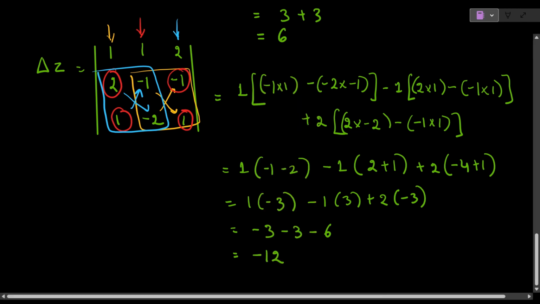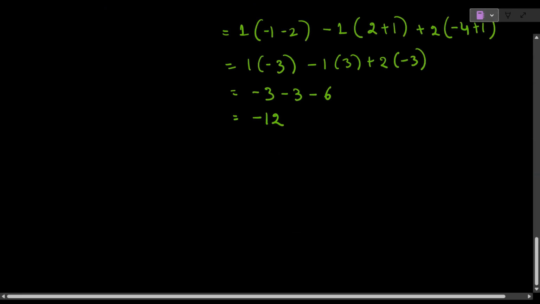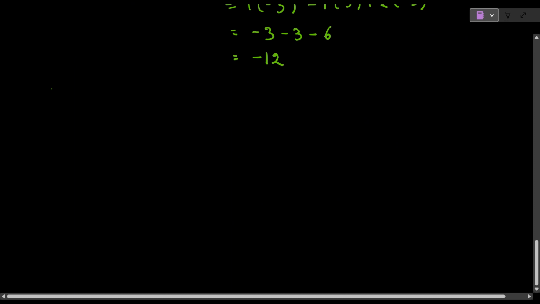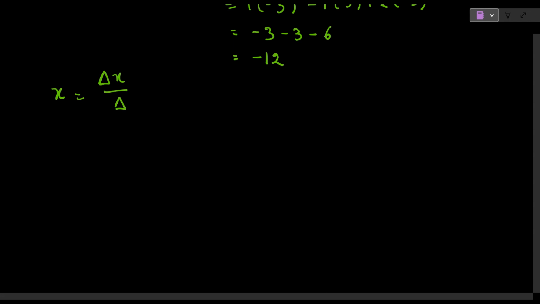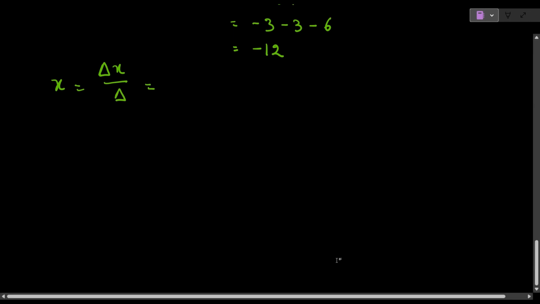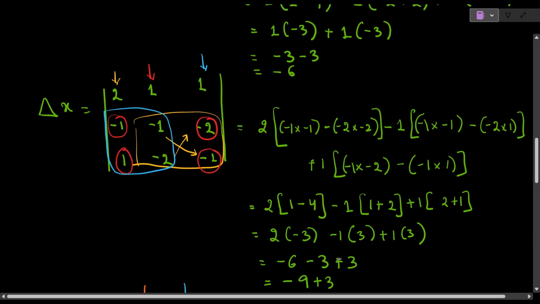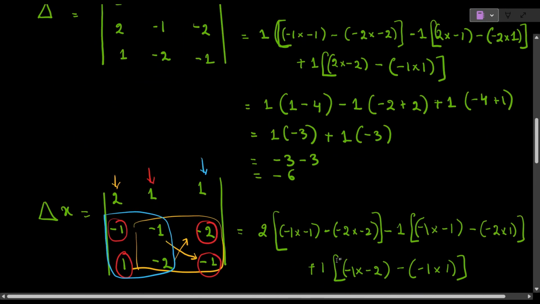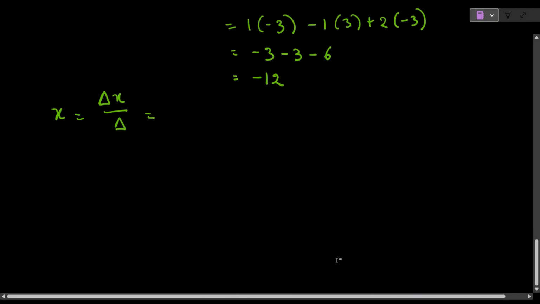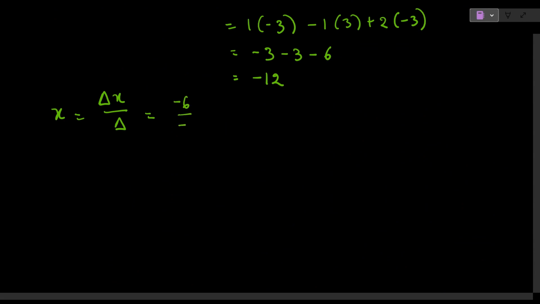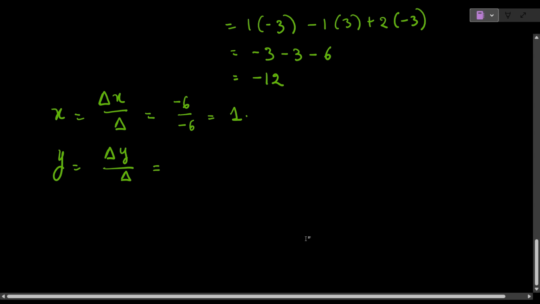Now we are going to find the values of x, y and z. So how to find the values of x, y and z, students? So this is the formula. So the value of x will be given by delta x by delta. Okay. So what is delta x, students? What is the value we got for delta x is minus 6 and delta is minus 6. So this gives minus 6 by minus 6. This gives as 1. Okay. Now coming to y. Value of y is delta y by delta, that is equal to, and where is delta y?